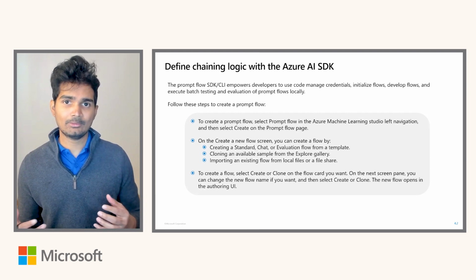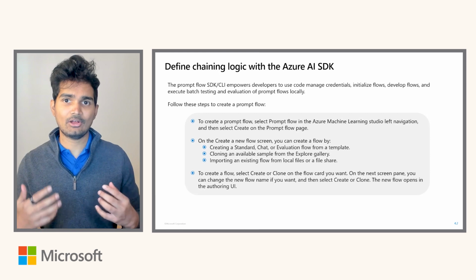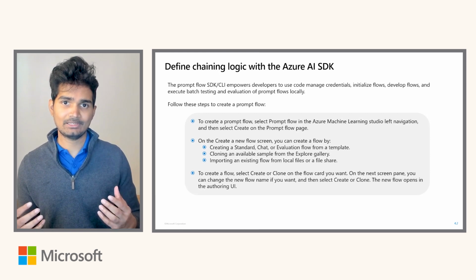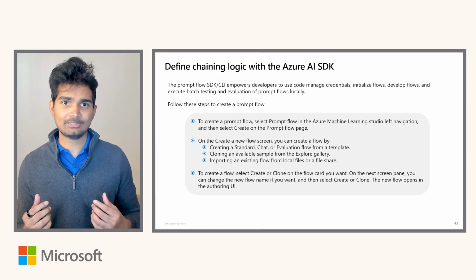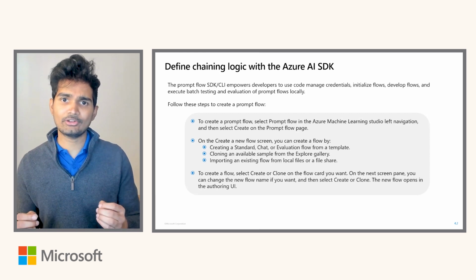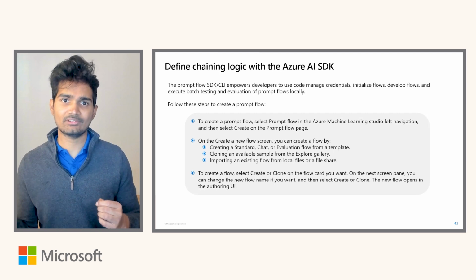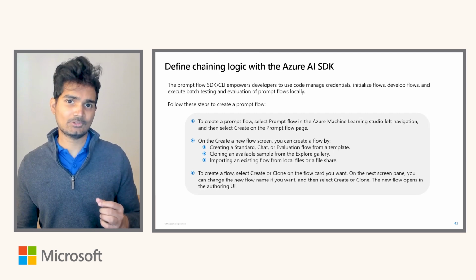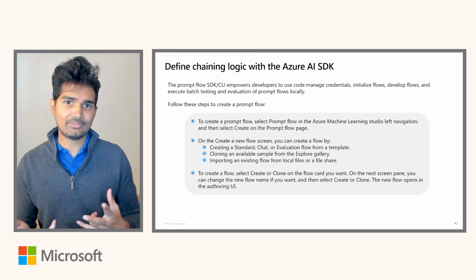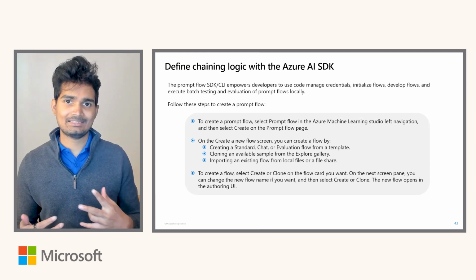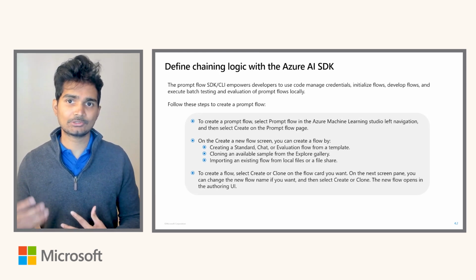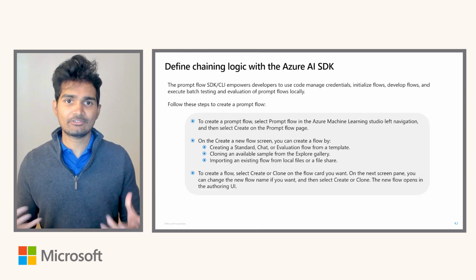Create a new flow by selecting Create on the prompt flow page. Then start the compute section and author the flow by configuring the inputs and outputs of the flow. Add tools like LLMs and Python as necessary. Test the flow by running individual nodes or the entire flow.